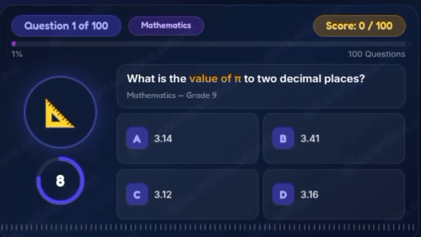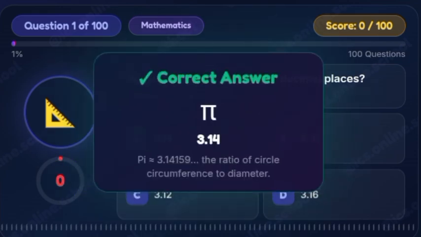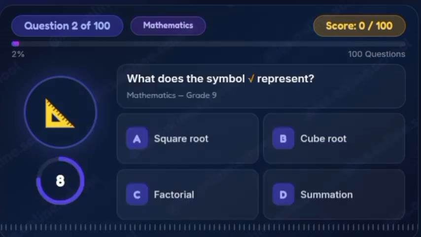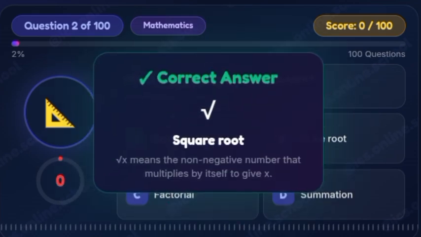What is the value of pi to two decimal places? $3.14. What does this symbol represent? Square root.